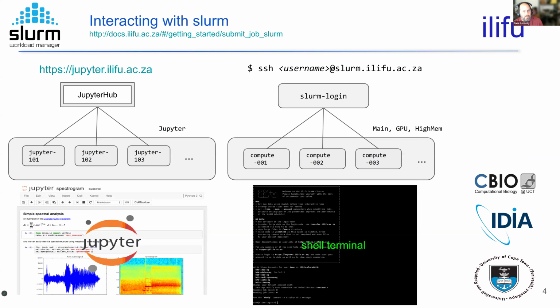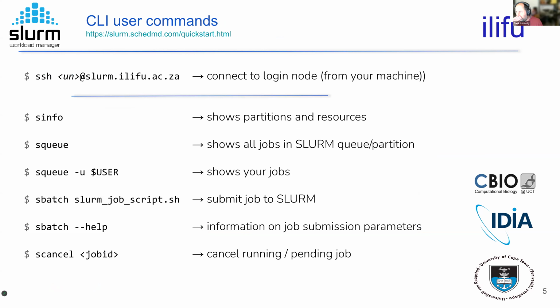Sorry, the one thing I wanted to say about Jupyter was that when you're running a Jupyter job, like Jeremy showed you earlier, what it actually does is submit a job on the Slurm cluster. So all those Jupyter lab interactions you have are actually running on a compute node in the Slurm cluster.